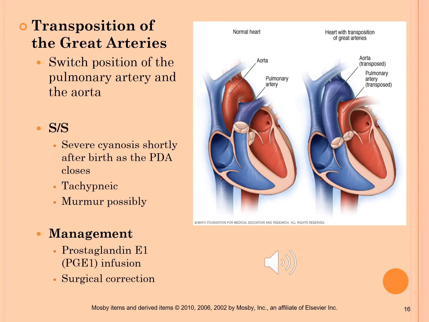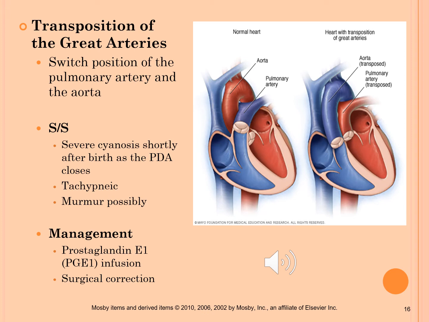That's why it falls under that increased pulmonary blood flow category. Because there's some sort of mixing of oxygenated and deoxygenated blood, we need something else to stay open in order for them to survive. And guess what we want that to be? We want that to be the patent ductus arteriosus.